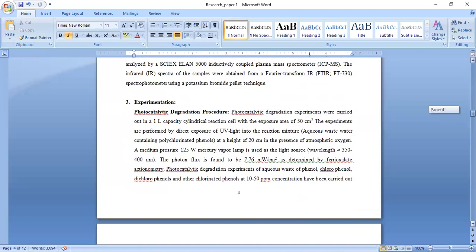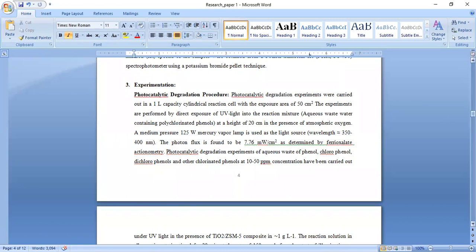So here the degradation of these polychlorinated phenols was done in the laboratory, taking the samples in a 1 liter capacity glass cylinder, and exposing at different times, that is 30 minutes, 60 minutes, 120 minutes, 180 minutes, 210 minutes under the exposure of UV light from a 120 watt mercury lamp of wavelength 350 to 400 nanometer.